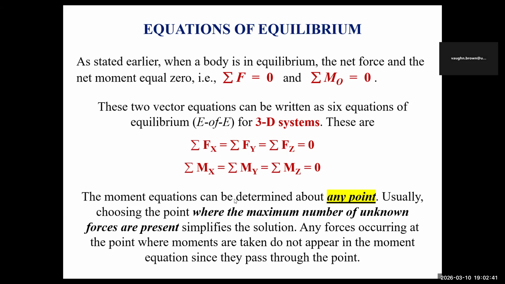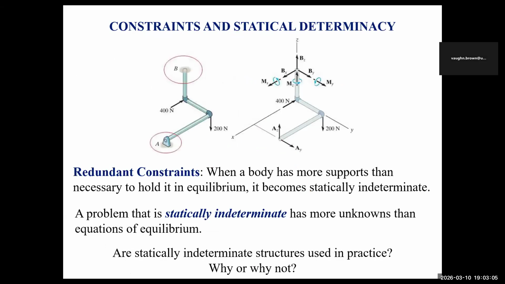The moment equation can be determined about any point, usually choosing the point where the maximum number of unknown forces are present, so you're going to simplify the solution. Any force occurring at the point where the moments are taken does not appear in the moment equation.